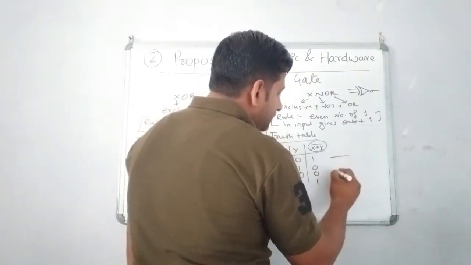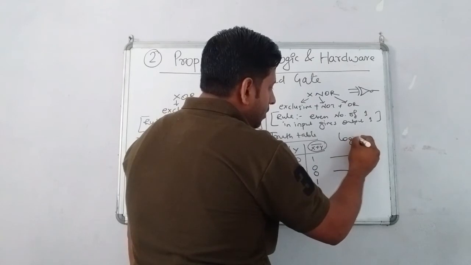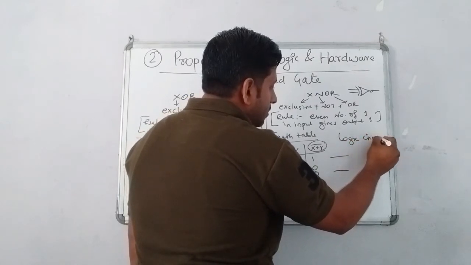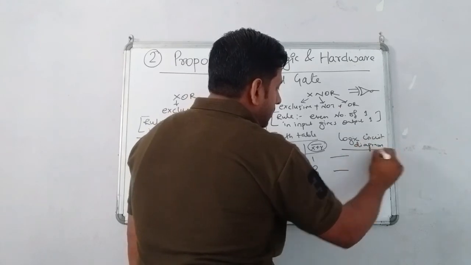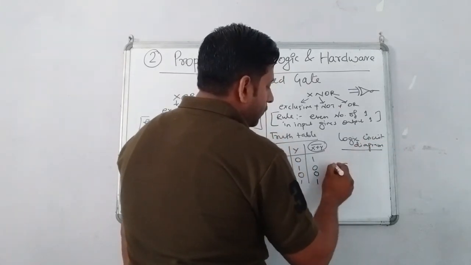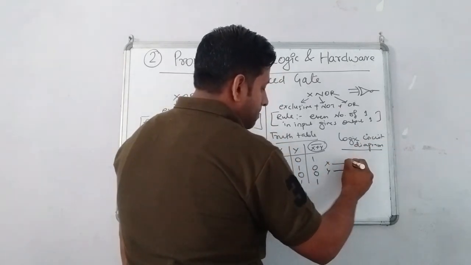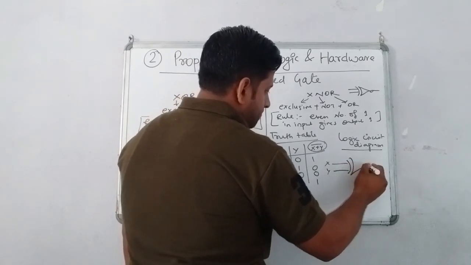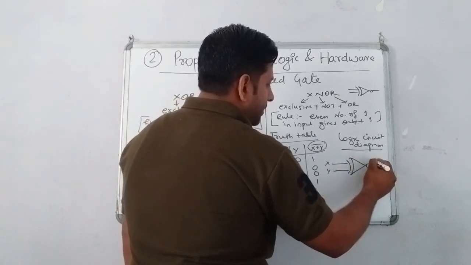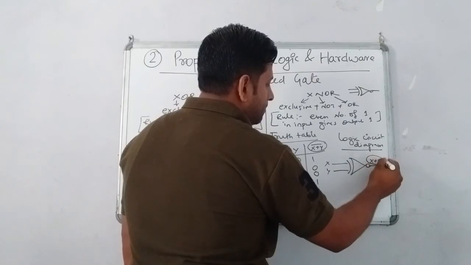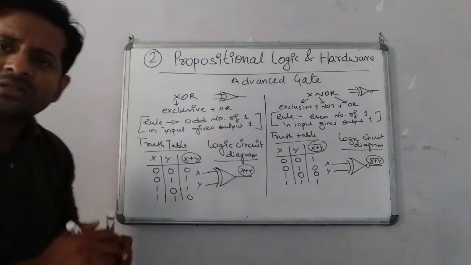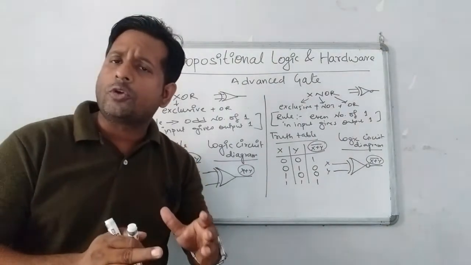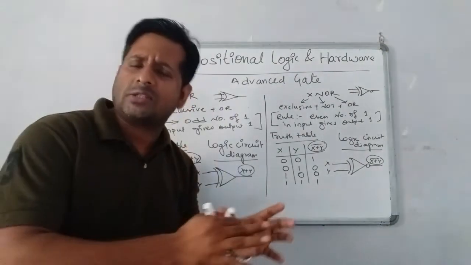Now see, children. Logic circuit diagram. We have X and Y. One NOT has been added. So this is the concept of advanced gate, which is again of two different types, XOR, XNOR.